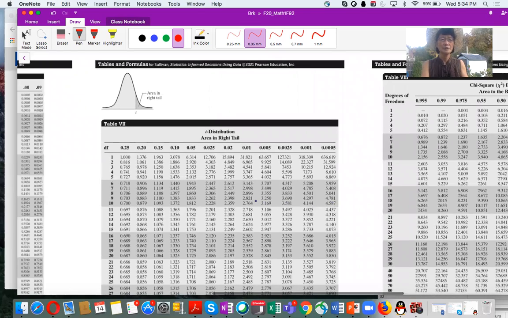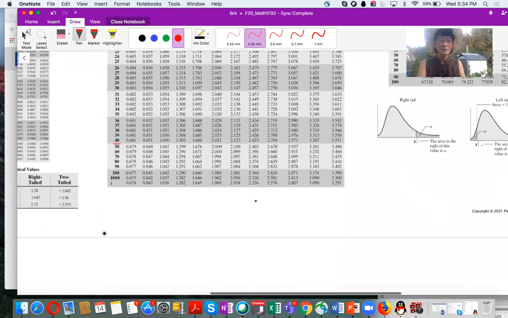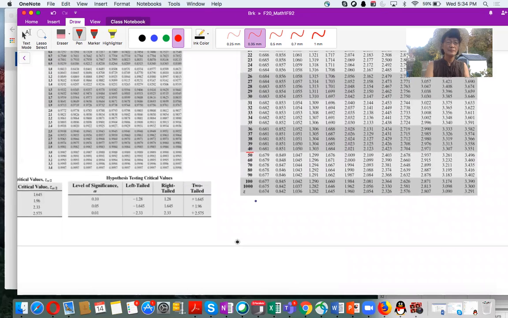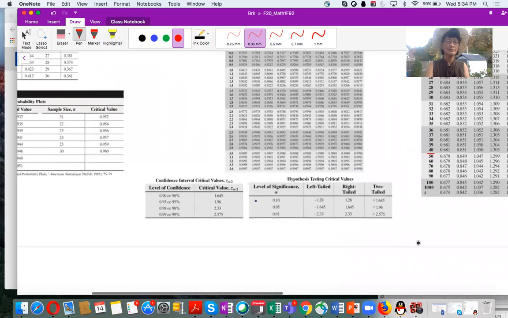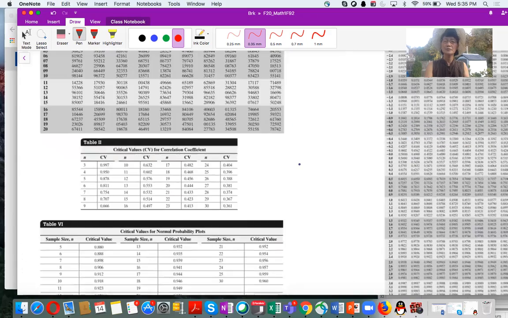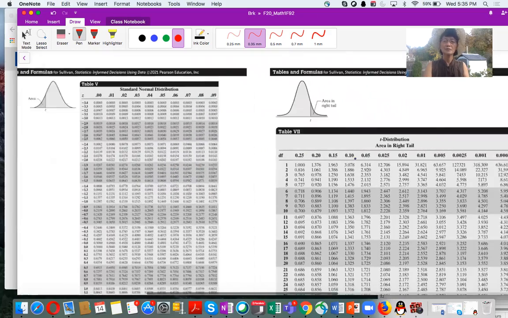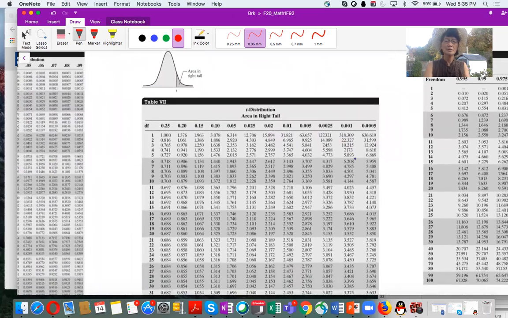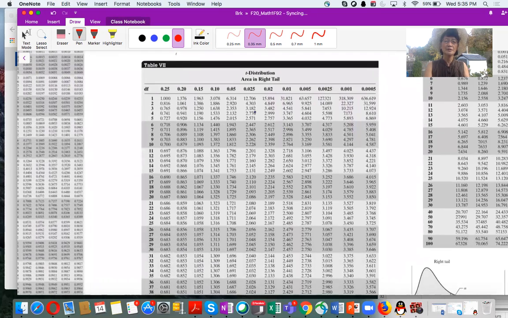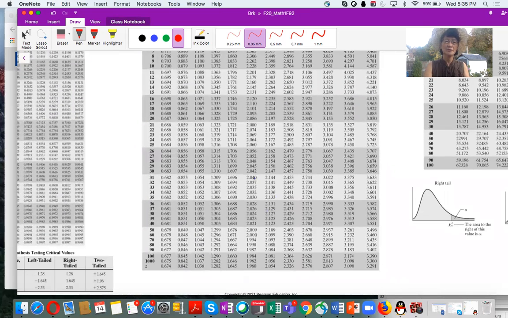This is T. This is the table. So degree of freedom, area in the right 0.025, then I get the degree of freedom. This is the critical value.